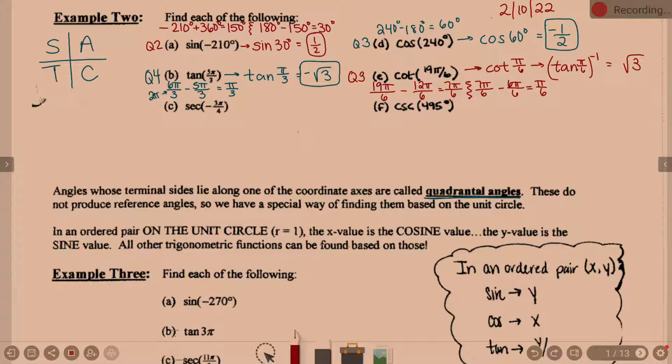And keep in mind, when we filled out that chart, before we had square root of 3 over 3 for tangent, we had 1 over square root of 3. Hopefully you wrote that down so you can visualize it. And the reciprocal of 1 over square root of 3 is square root of 3 over 1, or in other words, square root of 3. Okay?